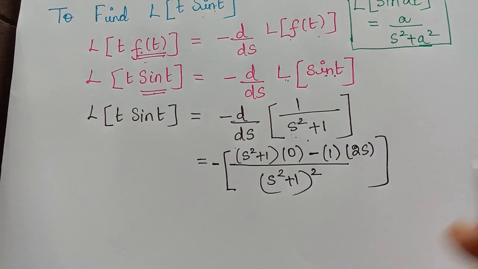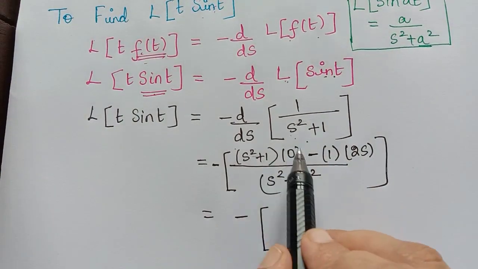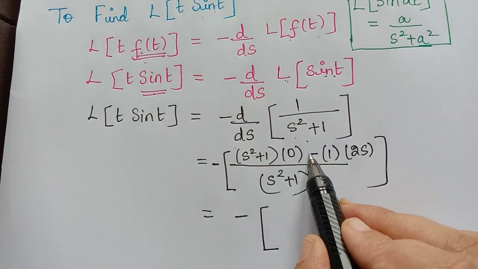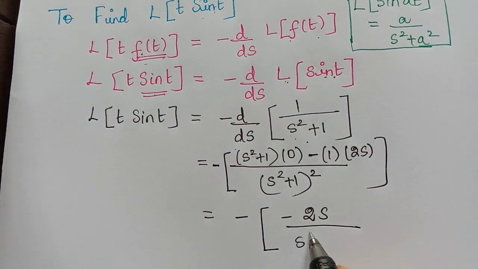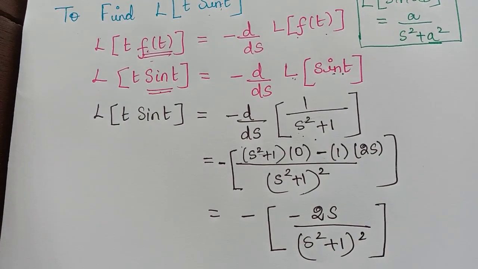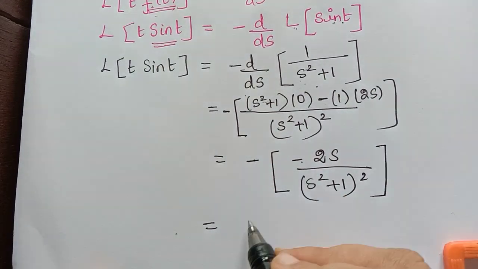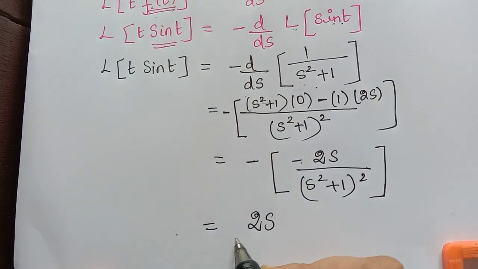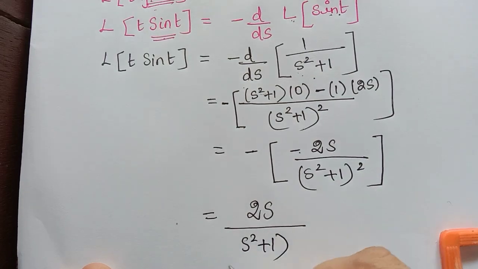Further simplifying, this becomes negative multiplied with, this totally becomes 0, and here minus 2s divided by s square plus 1 the whole square. Finally, minus into minus becomes plus, so we get 2s divided by s square plus 1 the whole square.